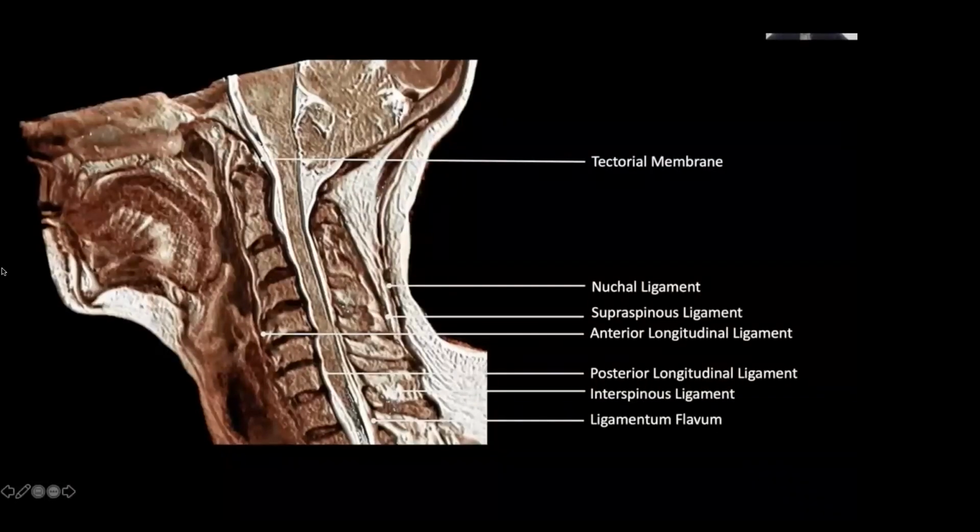But again, we can depict soft tissue structures very well on MRI. Here depicting individual ligamentous structures, anterior and posterior longitudinal ligaments, ligamentum flavum. Important point about the ligamentum flavum: it's not one long ligament. You have multiple ligaments interposed between the spinous processes.